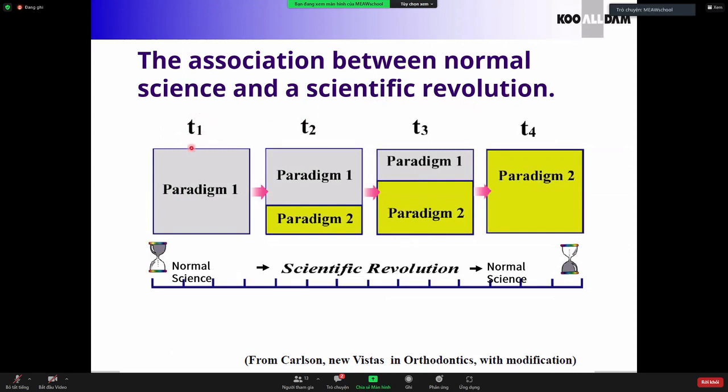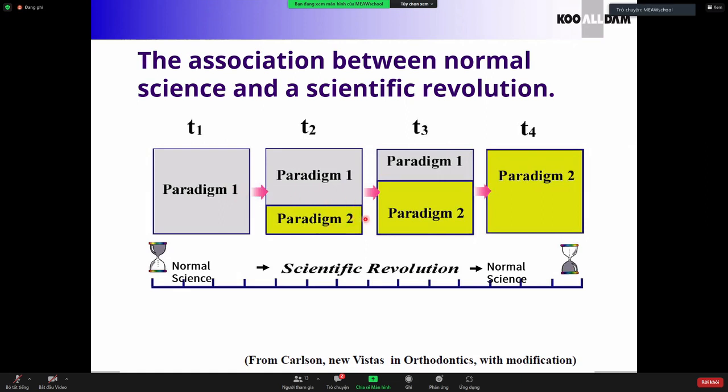In T1 stage, paradigm 1 was the general mainstream, but over time, paradigm 2 began to gain support from the community that favored paradigm 1.